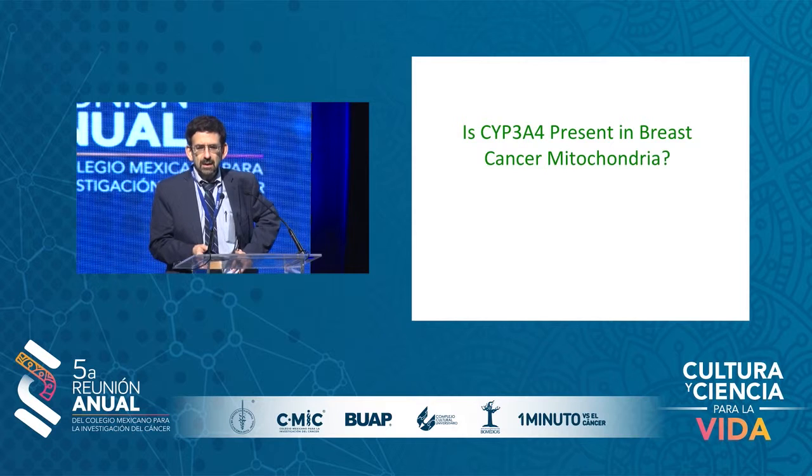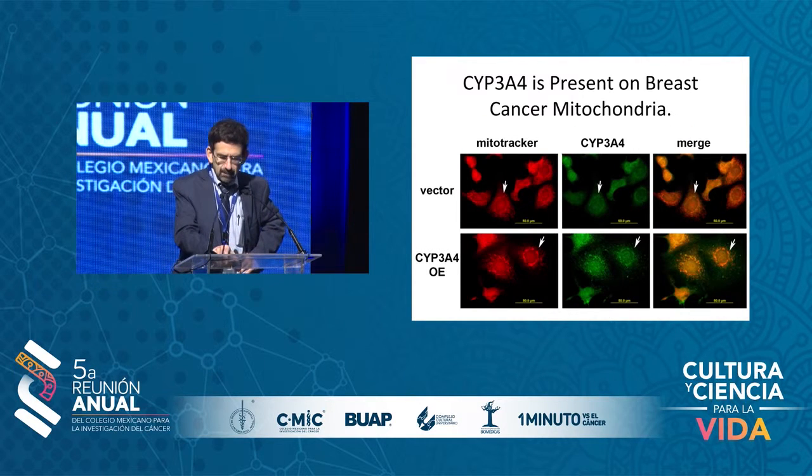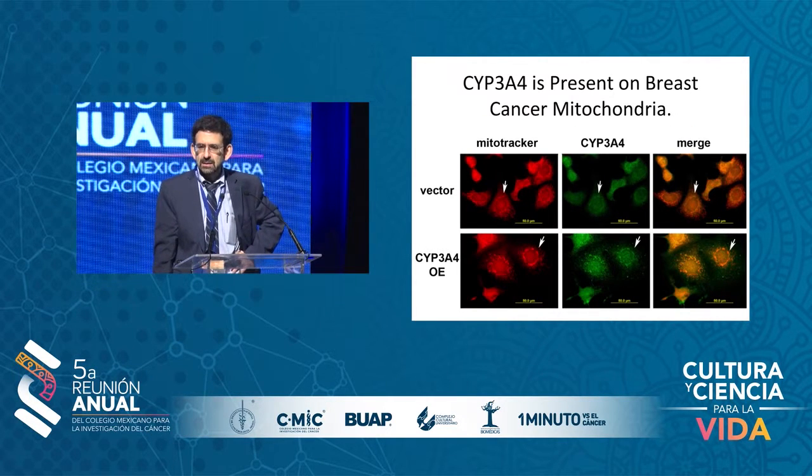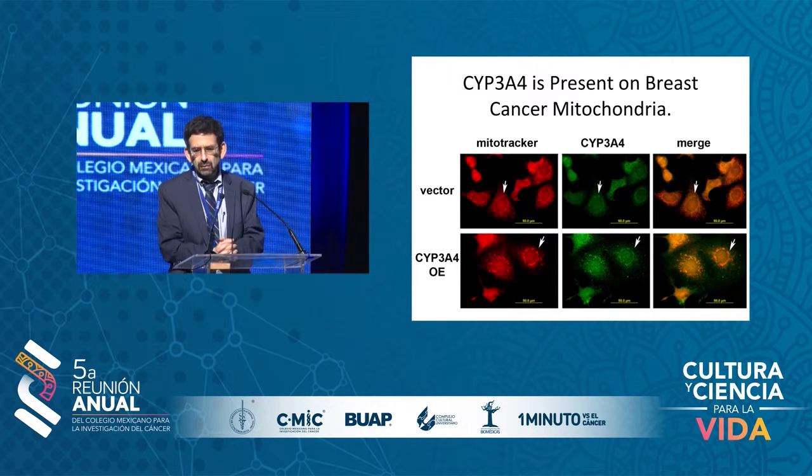So is CYP3A4 present in breast cancer mitochondria? Because we're thinking about metformin and STAT3 signaling, we're thinking about, is there a localization of CYP3A4 in the mitochondria? And in fact, we found that to be true. And so if you look in the bottom panels, you can see that there is a correlation between CYP3A4 overexpression and the MitoTracker Red.